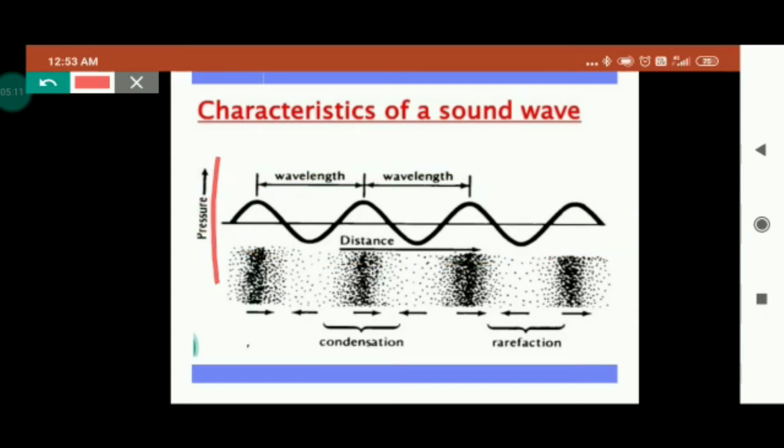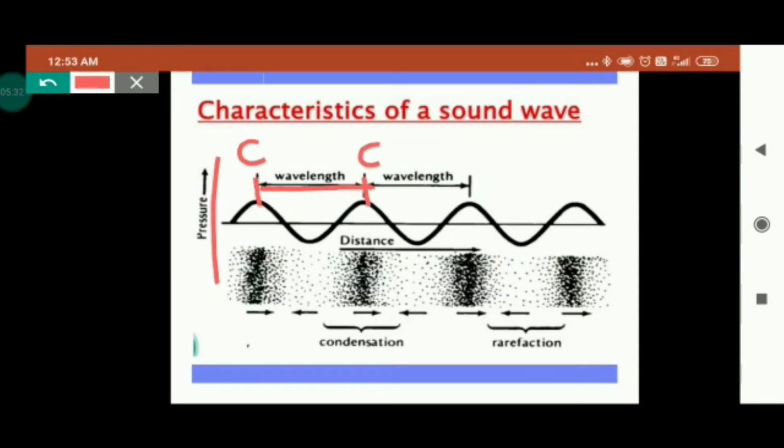Now, let us discuss what wavelength is. Wavelength is the length between two consecutive crests or troughs. So, if these are two crests, the distance between two consecutive crests is known as the wavelength.